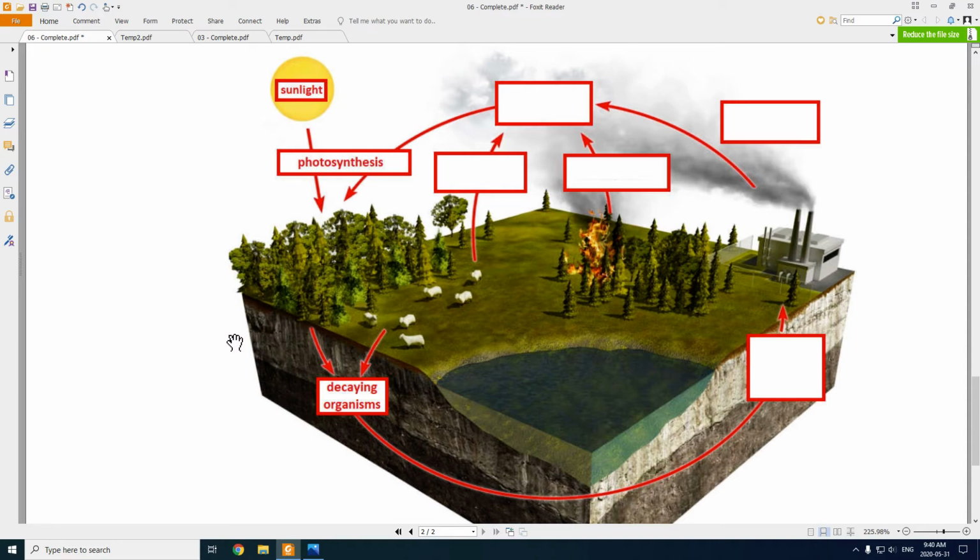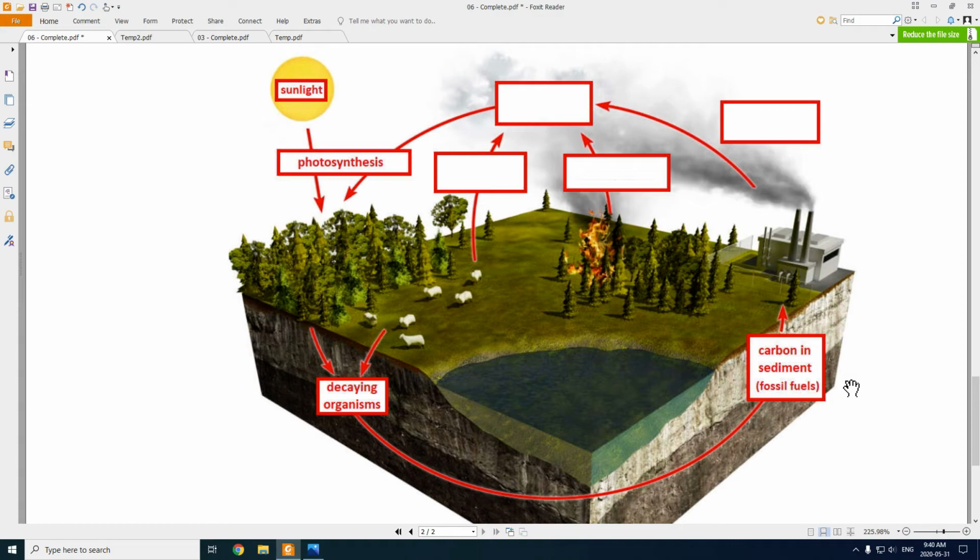If that gets trapped underground, for example, if that tree or animal's body gets trapped underground and gets compressed, and it continues to get compressed over time, over 10,000 years, eventually it might form into fossil fuels, right? So now you get these deposits of coal and oil, or eventually into limestone possibly. So we get this carbon that's stored in the ground.